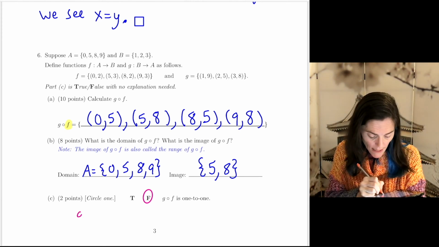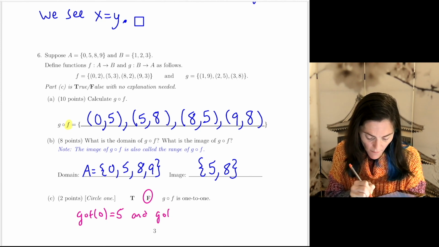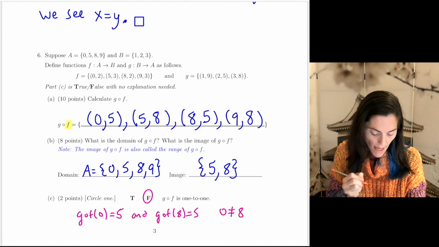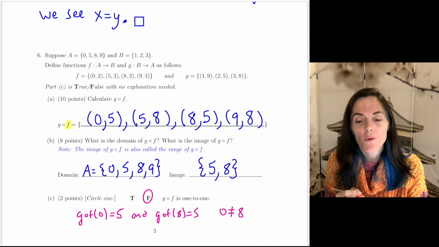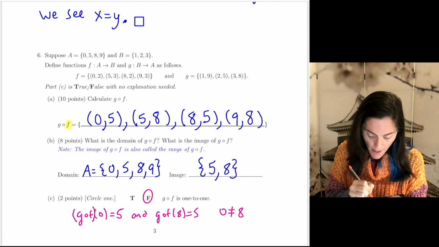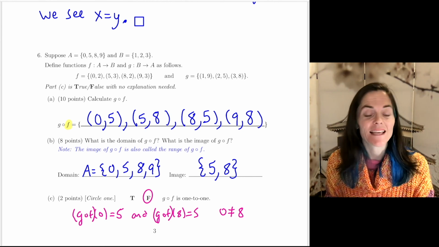One thing to notice is that g compose f of 0 is 5, and g compose f of 8 is 5. But 0 is not equal to 8, okay? So that is one way to think about part C being false. You could come up with another example, but this is perfectly fine for justification.